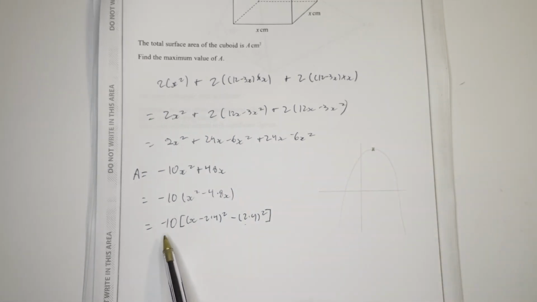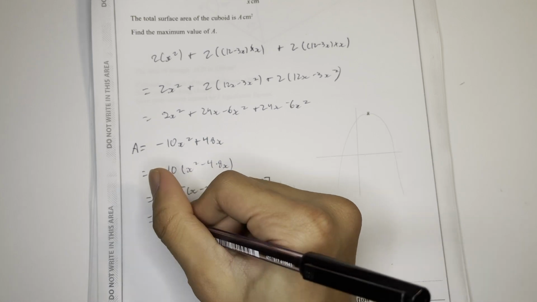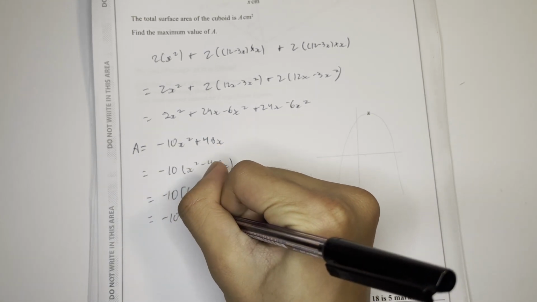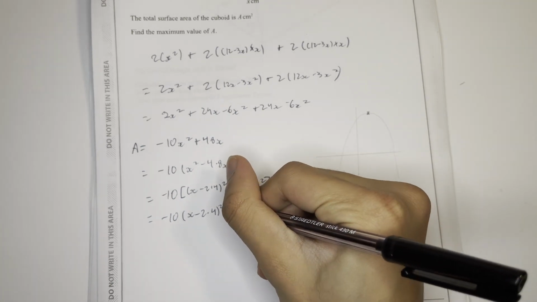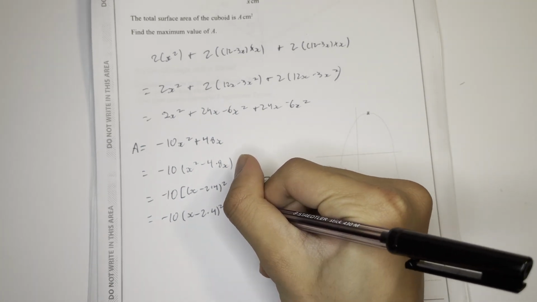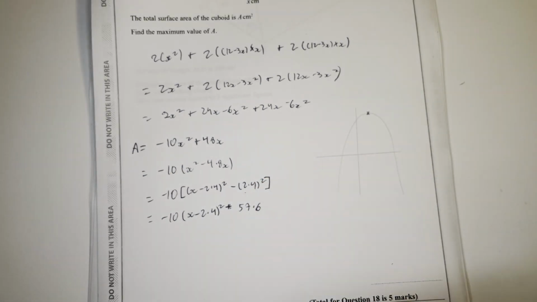And this is all, of course, multiplied by minus 10. Now you distribute the minus 10 to give minus 10 times x minus 2.4 all squared plus 57.6.